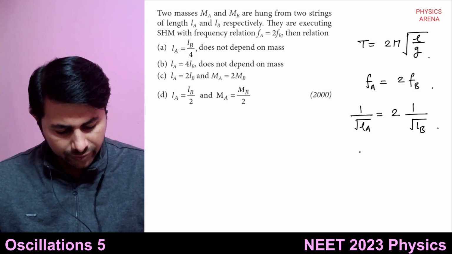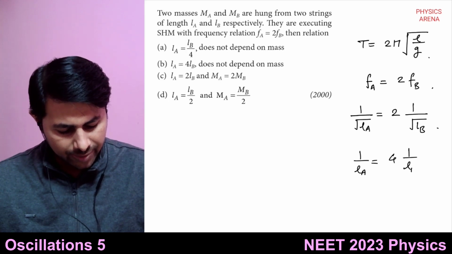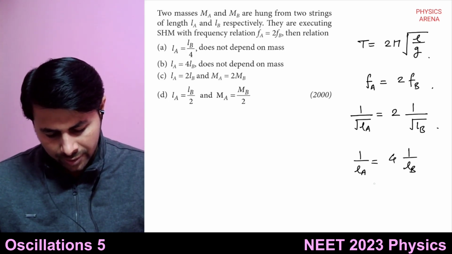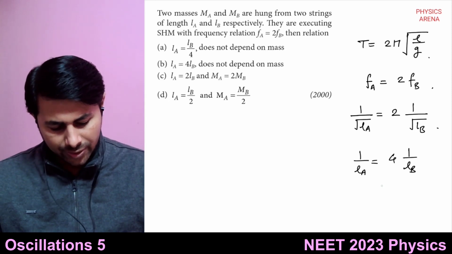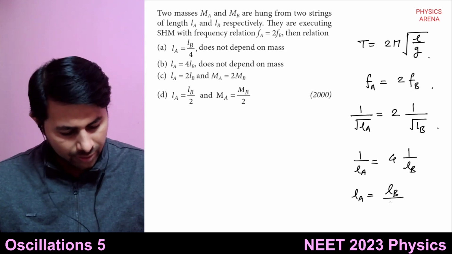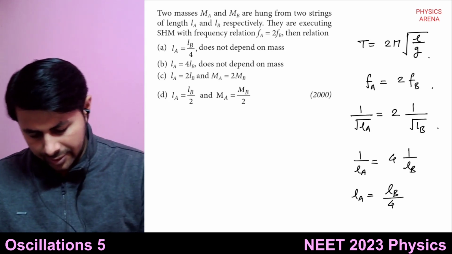So you get 1 upon LA equals 4 times 1 upon LB, or LB equals 4 times LA, or LA equals LB upon 4, which is option A, right?